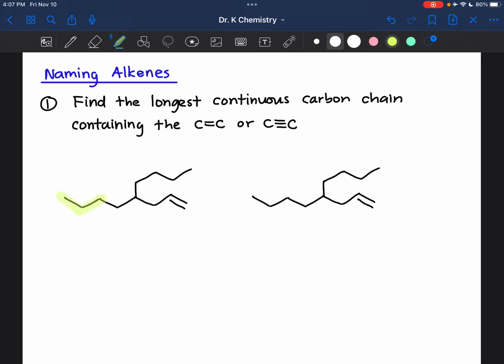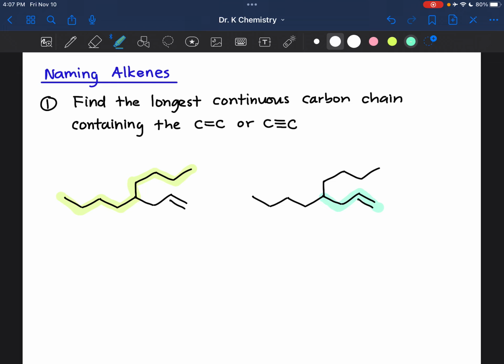And if I go in this direction, I have 1, 2, 3, 4, 5, 6, 7, 8, 9 carbons. However, that chain does not contain the double bond, and I have to contain the double bond in my numbering system.